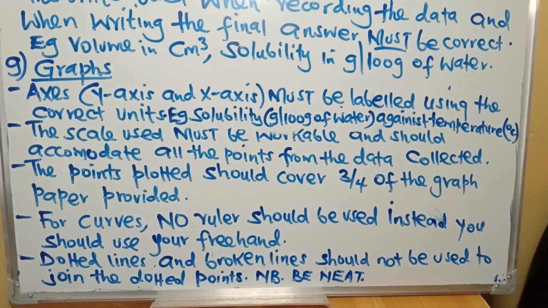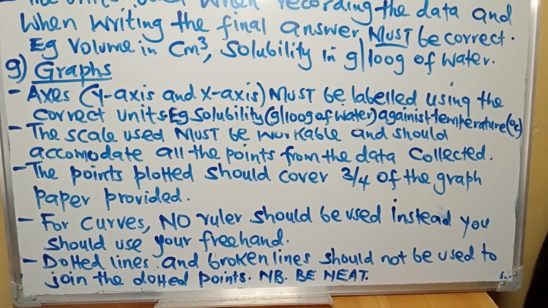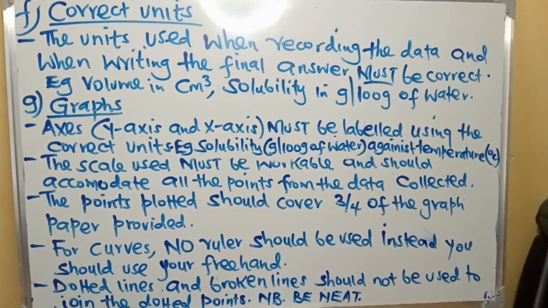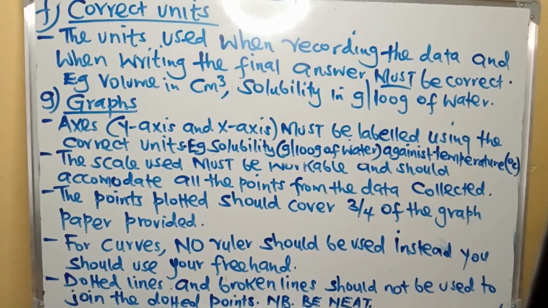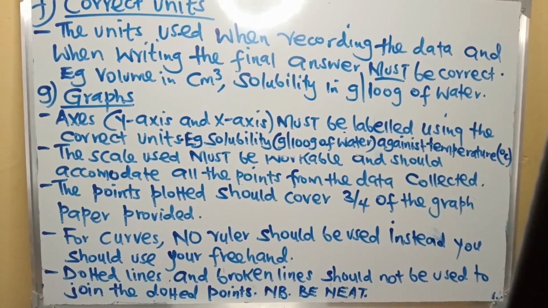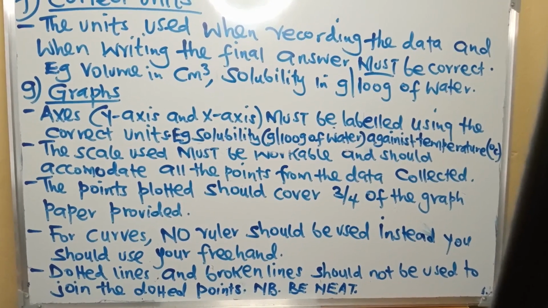And be neat. There are those of us who go to the practical room without a rubber. If you don't have a rubber and you keep on rubbing and some of the points are not clear, you miss a mark.